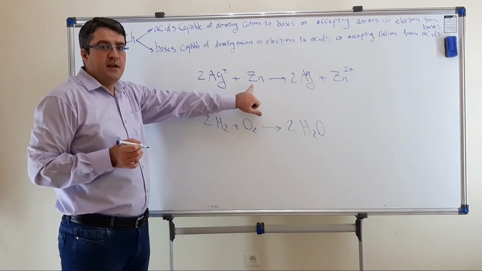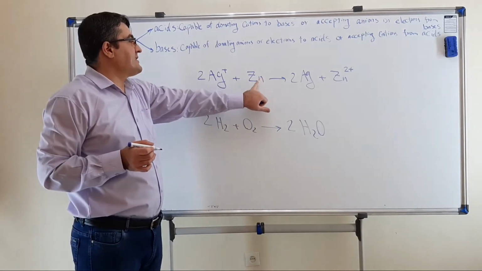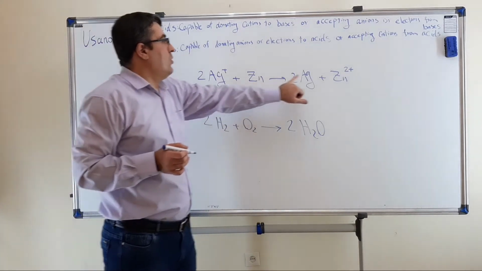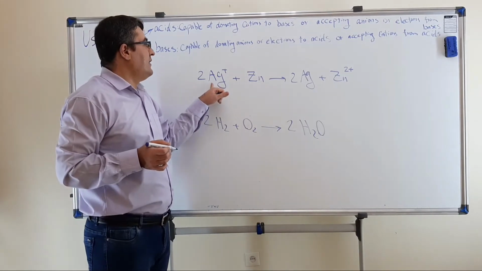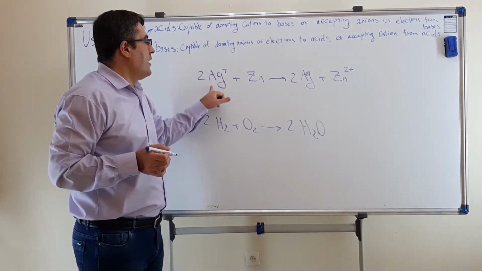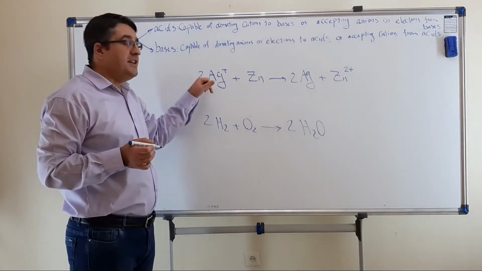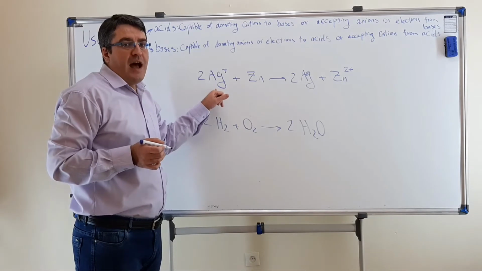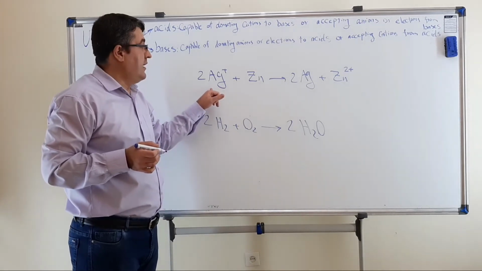In the first redox reaction, the oxidation state of zinc increases from 0 to 2, while the oxidation state of silver reduces from 1 to 0. In this reaction, electric charge and associated electron transfer are real.